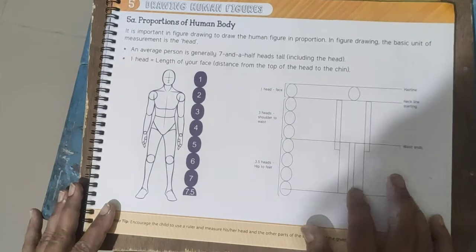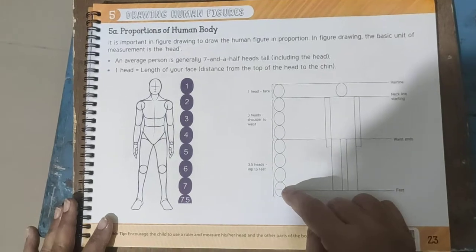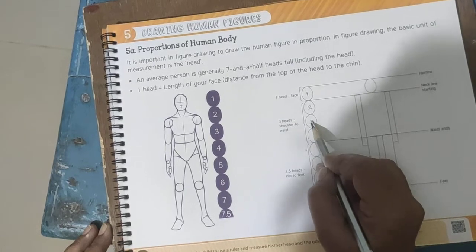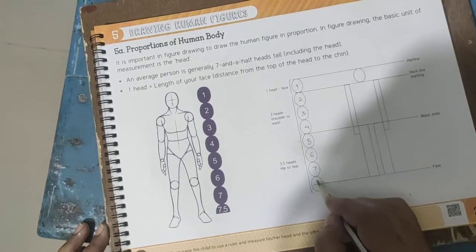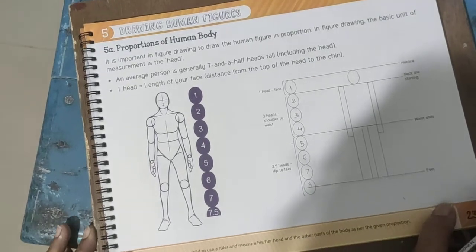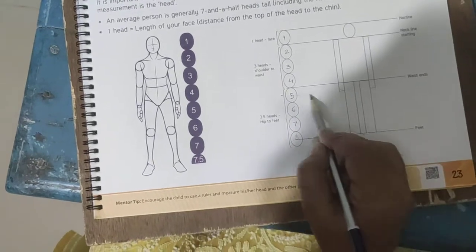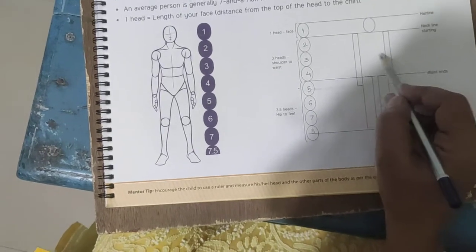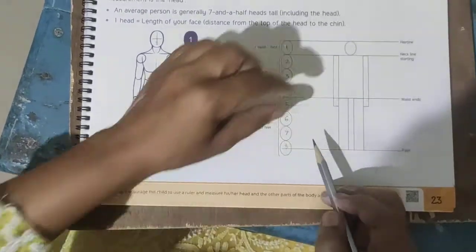So look at this diagram. What is there? 1, 2, 3, 4, 5, 6, 7 and a half. 8 heads are drawn already. Here, these two rectangles indicate the hands, 3.5 when we count it.